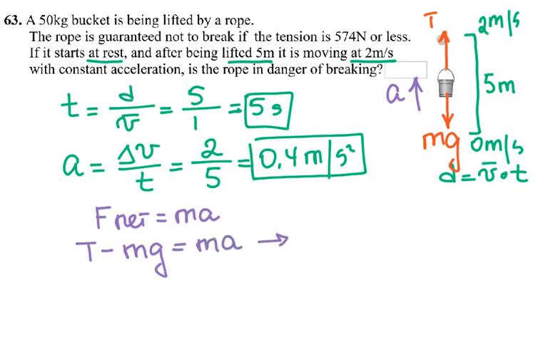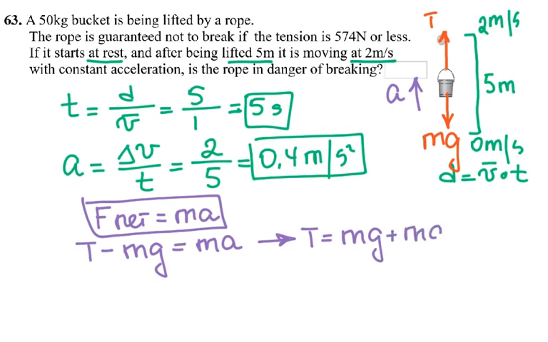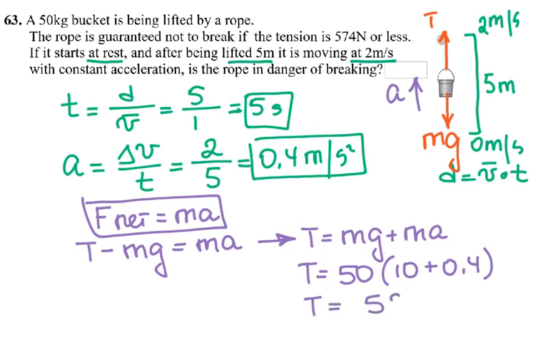After a free body diagram, I always do my F net equals to ma. So from here, I can see that tension is equal to mg plus ma. So the tension is equal to, the mass is 50 kilograms, g is 10, and acceleration is 0.4. So that gives me tension is equal to 520 newtons. So it looks like the rope is not going to break.